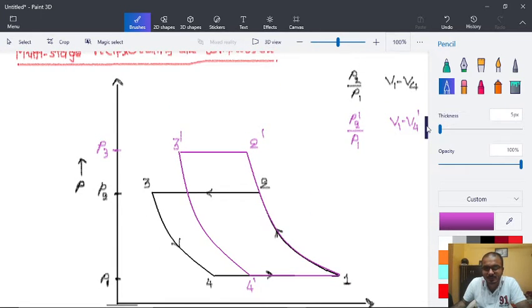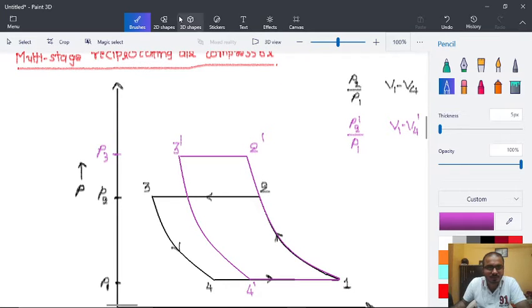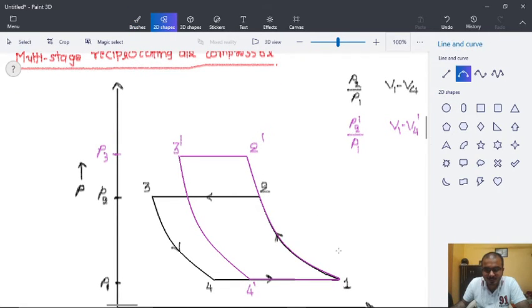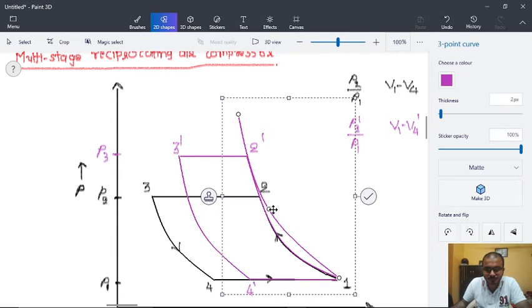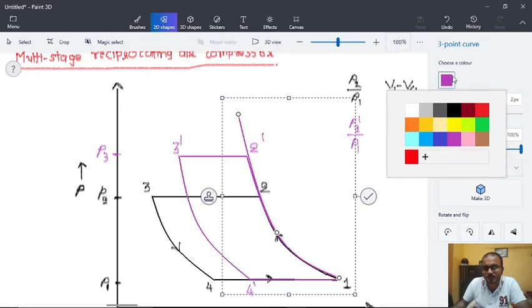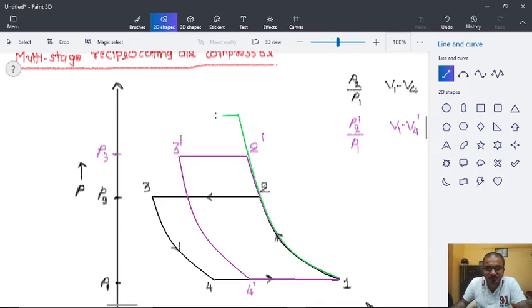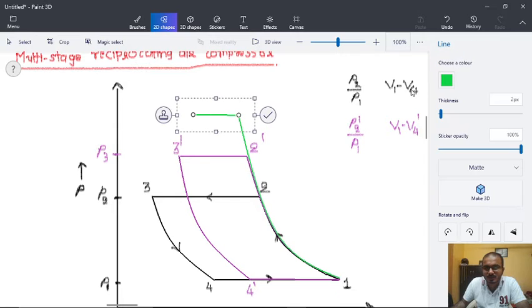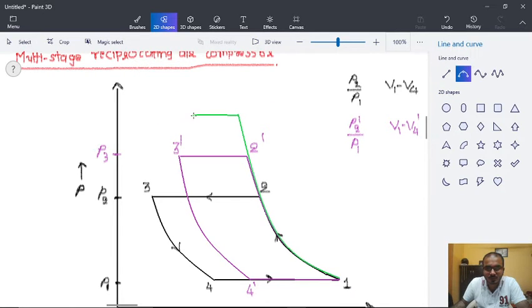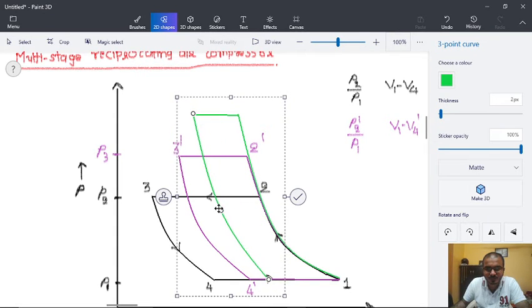Now let us say that we further intend to go to higher pressure ratios. It can be seen over here that by increasing the pressure ratio, the swept volume is further reducing in this way.